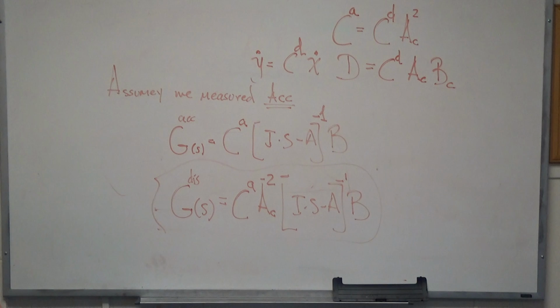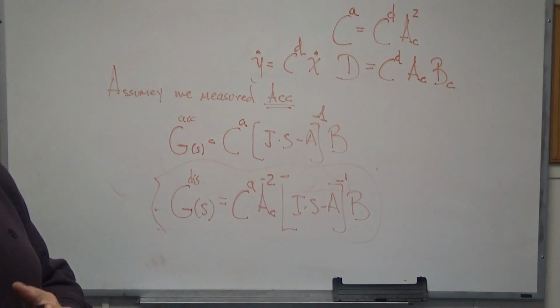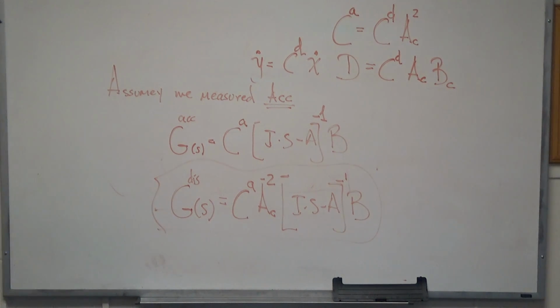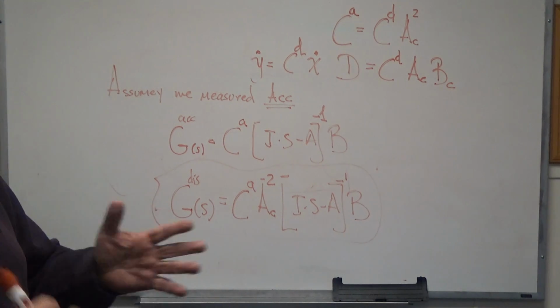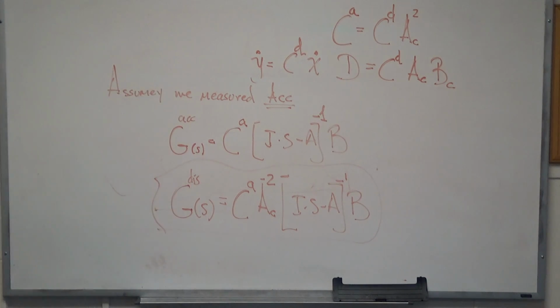I can probably post the paper, so if I find it, I'll put it on the website on Blackboard in case you want to read the original. The purpose of that paper was for something else, but there you can see a summary of this derivation. Okay?